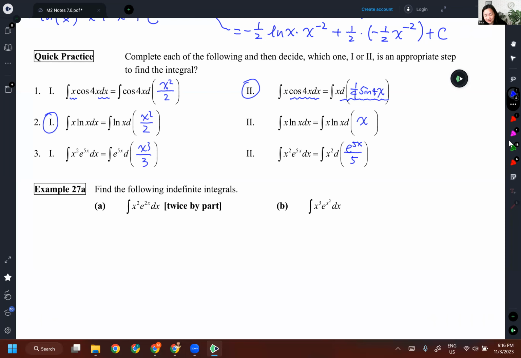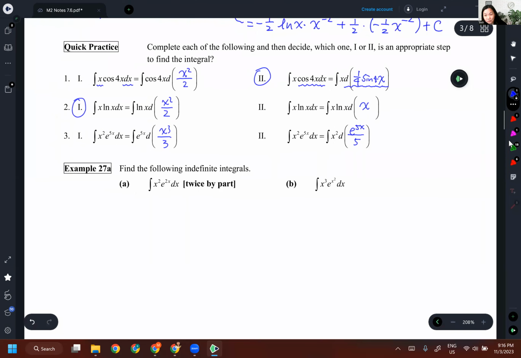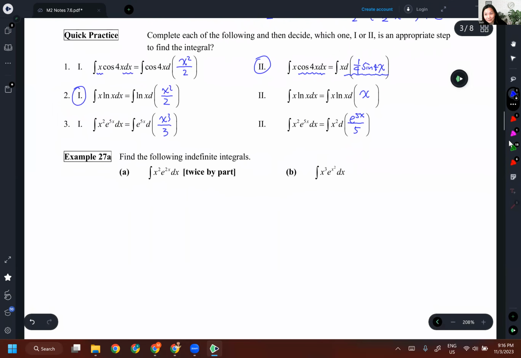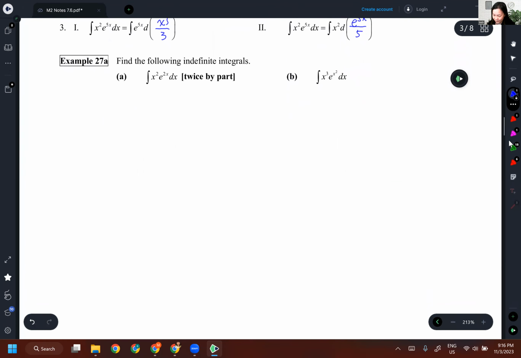Because in example 27, we're going to review this. You see 27a is very similar to this question. I will show you which one will work out. Don't have to choose yet. So for this one, I copy the question, x squared e to the power 2x dx, that is equal to x squared d 1/2 e to the power 2x.